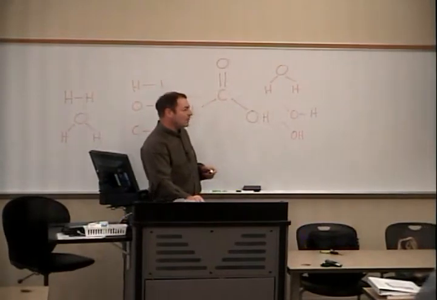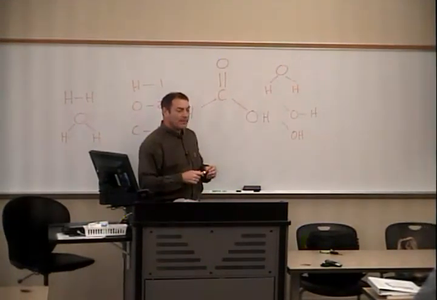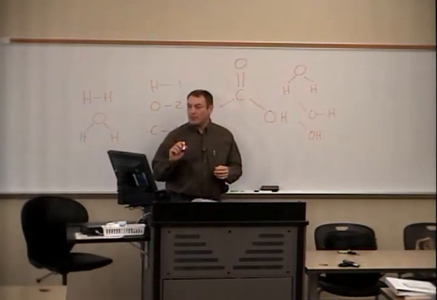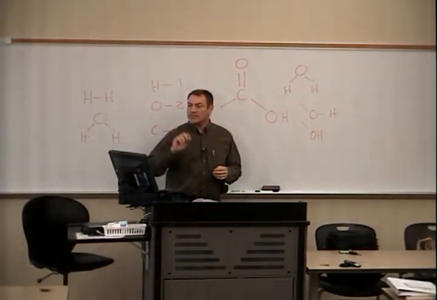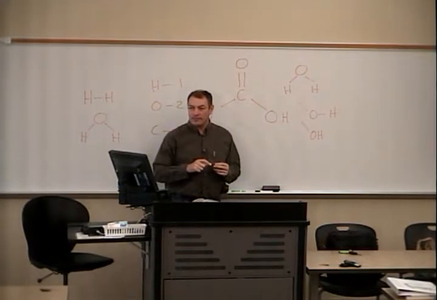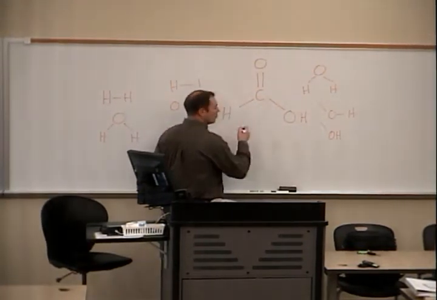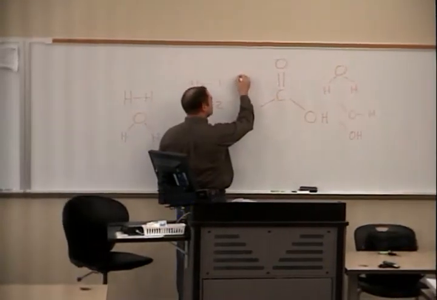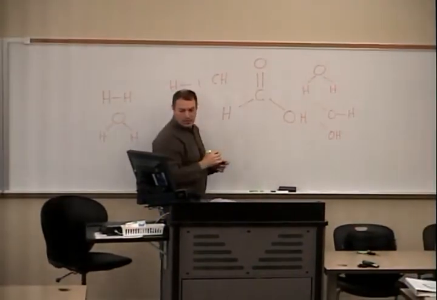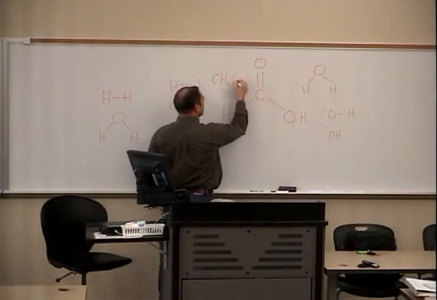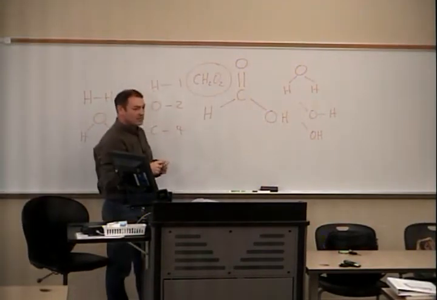And then we can take formic acid and we can just write the chemical formula of it. Now, that's the chemical formula of the molecule, and it's also a compound. All right. So let's take formic acid, and we're going to do CH. So there's the chemical formula for formic acid.